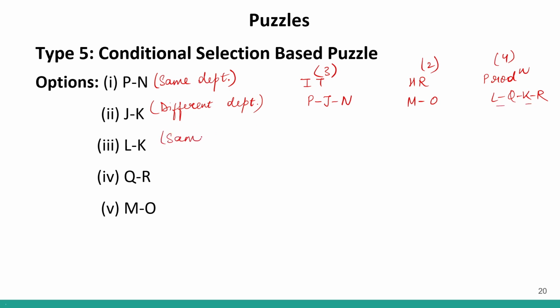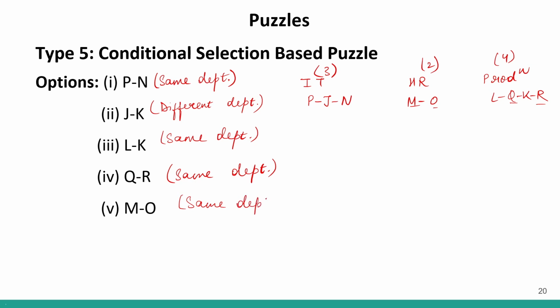So L and K belong to the same department. Q and R also belong to the same department. So this is also from the same department. M and O are also from the same department.